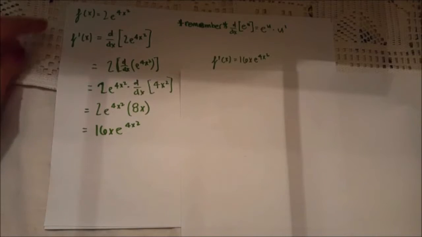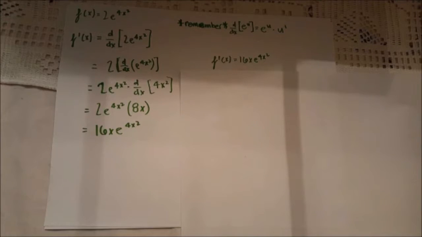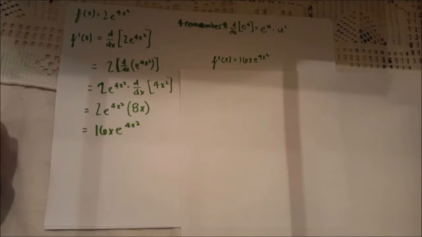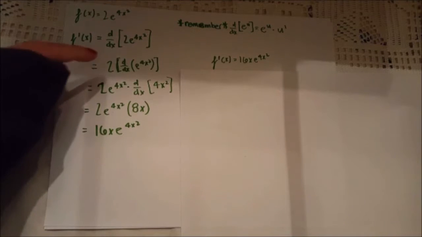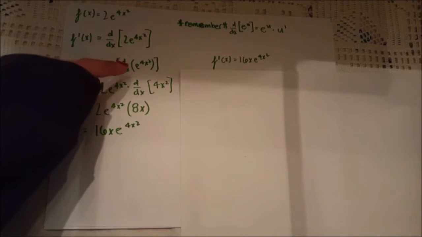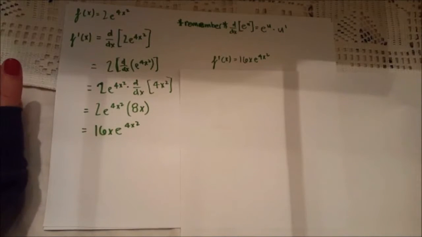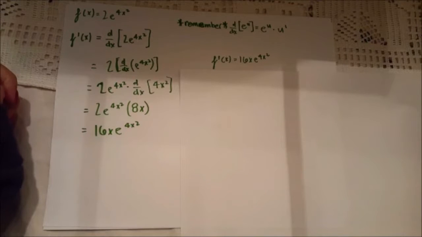So since we know that f of x equals 2 times e to the 4x squared, we can find f prime, finding the derivative of 2e to the 4x squared. First we can take out the 2, because we already know that won't be involved in the deriving. And to derive e to the 4x squared, we can use the equation: the derivative of e to the u equals e to the u times u prime.